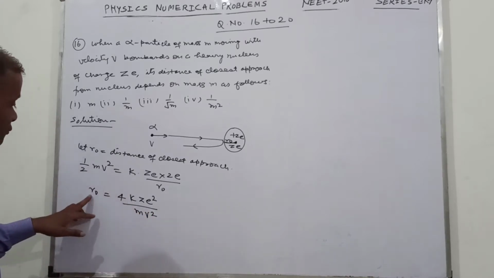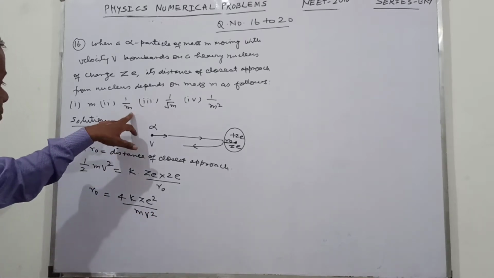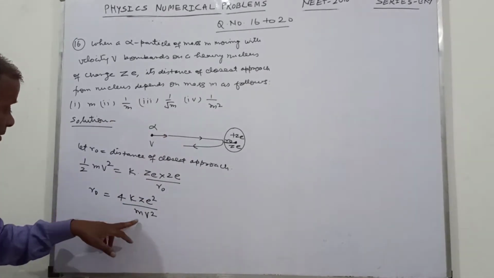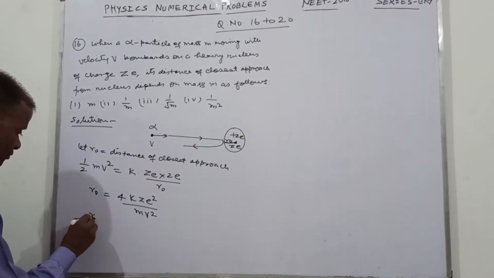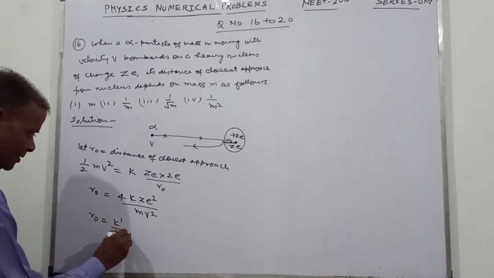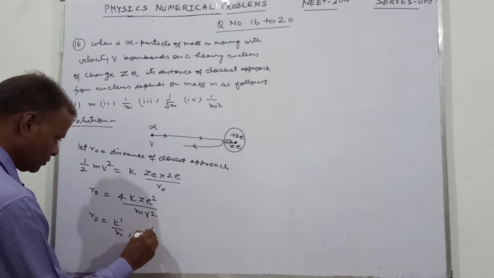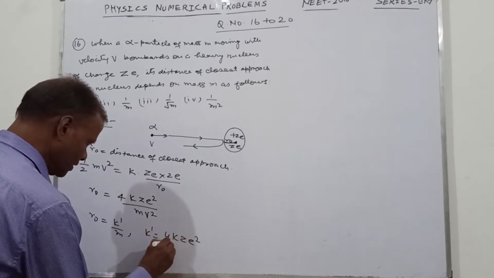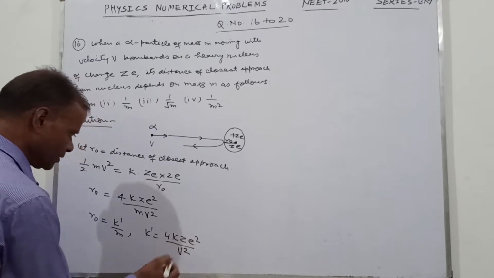It is asking how this r naught depends upon mass, by which of these options. So you can see that this r naught equal to a constant k dash upon m, where k dash equal to 4 k Z e square upon v square.